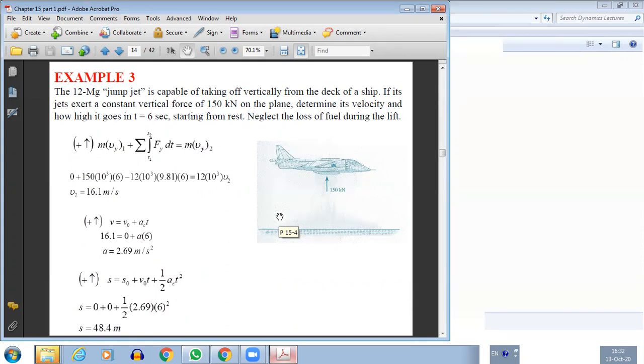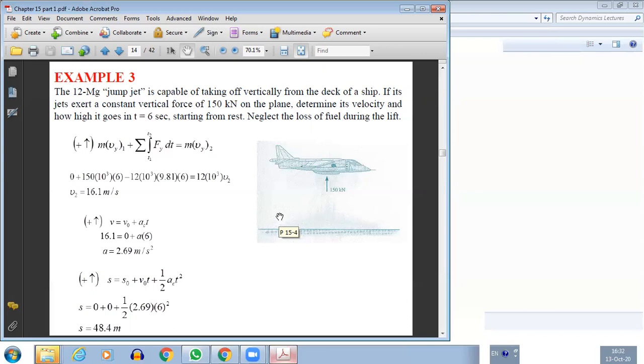Okay, so this is a jump jet. A jump jet is a kind of aeroplane which does not need tires to go over the runway and then fly. There is a jet coming out from the bottom, and that jet is going to push the plane to go up.